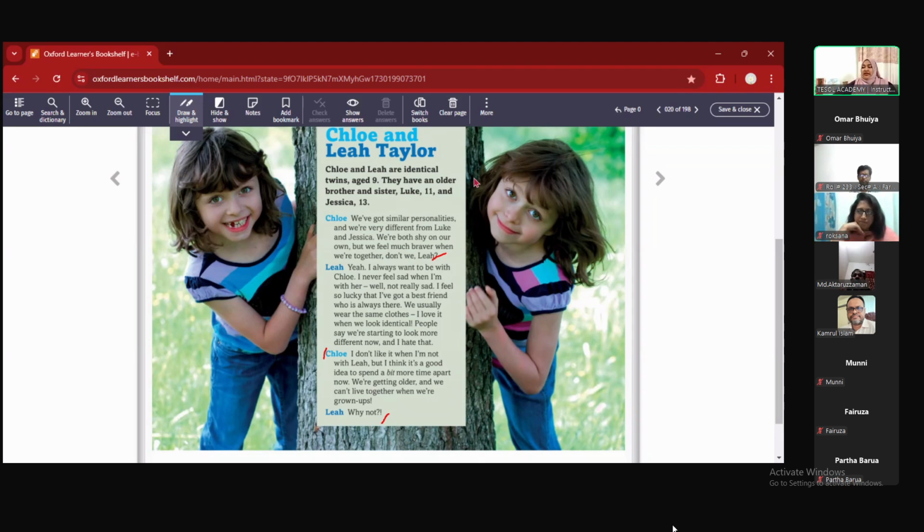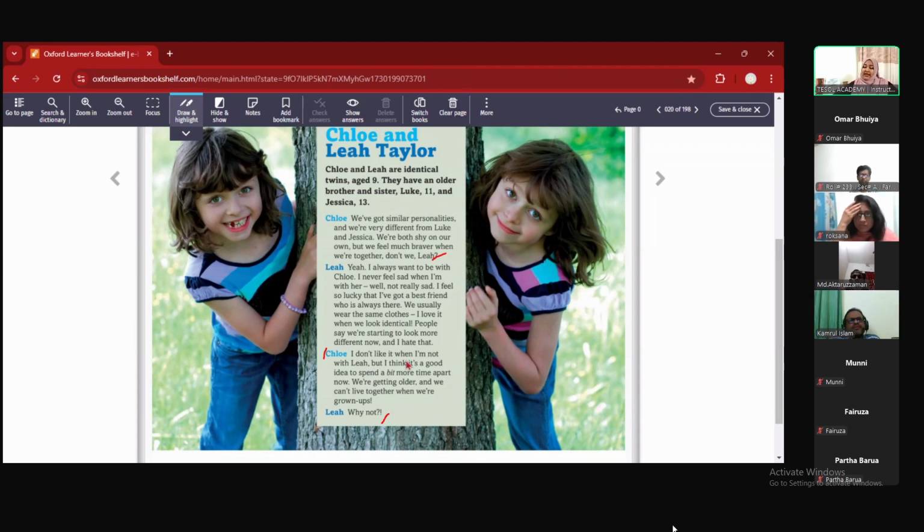So that is their characteristics. But Chloe, one of the twins, thinks that it is better to spend some time away from each other because as they're getting older, when they grow up, they won't be able to stay together. And Leah doesn't think so. That is why she's asking why not.